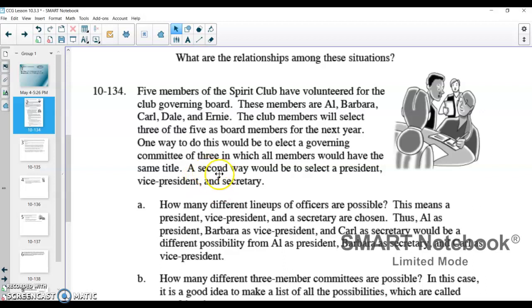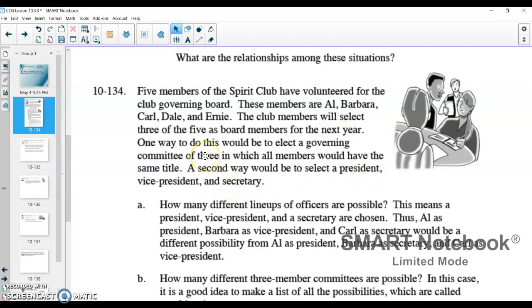So in that second way here, it says they select a president, a vice president, and a secretary. There the order matters, because if you select Al to be the president, there could be a different order where Al is still in it, but Al is the vice president. There could be another order where Al is still in it and Al is the secretary. And because of this, this leads to more choices, more arrangements, because of the fact that they could play these different roles.